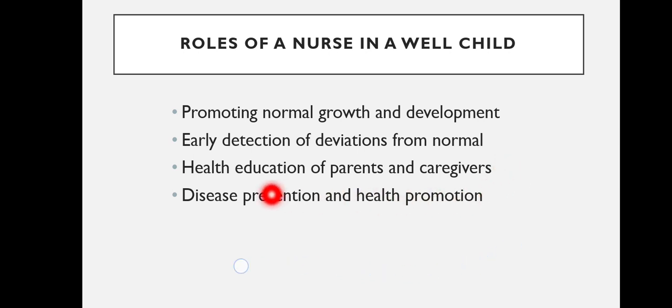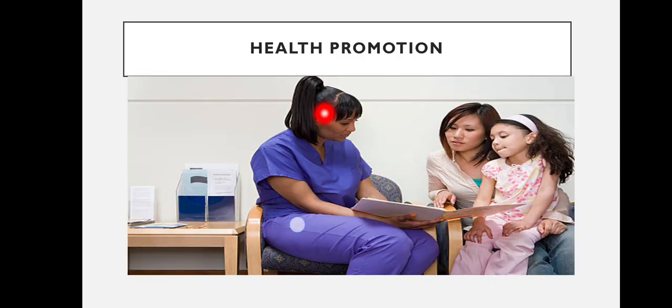And apart from that, we also have disease prevention and health promotion. So as you can see here on this picture, or slide rather, you can realize that there are a lot of things that can be done in this particular way. You can do health education and health promotion here. Okay?